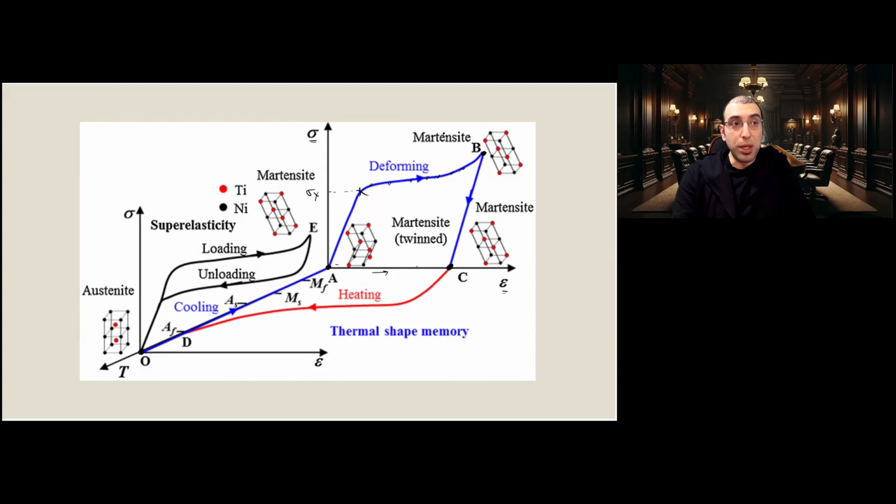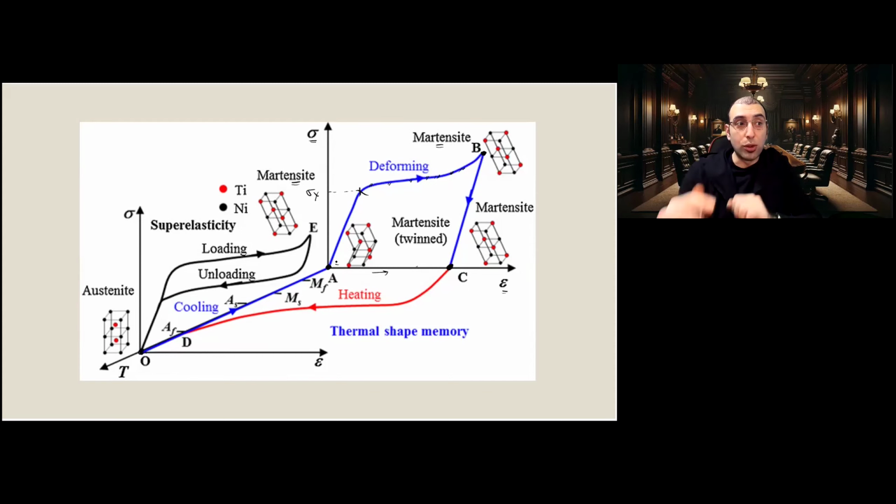So at B, we have martensite because it's low temperature. And also at A, where we started, we also have martensite, two types of martensite. The only difference between the two martensites is that one has no strain on it. When you're at point A, there is no strain on your martensite lattice.